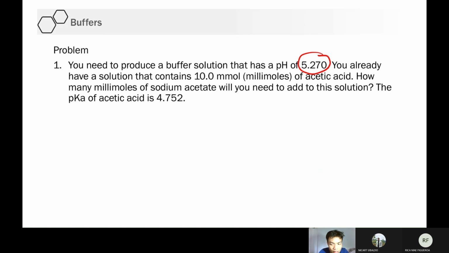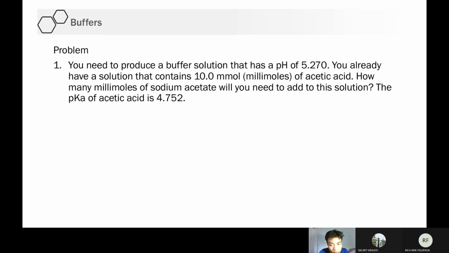So if I want to create this concentration of my buffer, and I already have 10 millimoles of my acetic acid, ilang millimoles ng sodium acetate ang kailangan ko idagdag para ma-maintain tong pH na to, given that the pKa is 4.752.